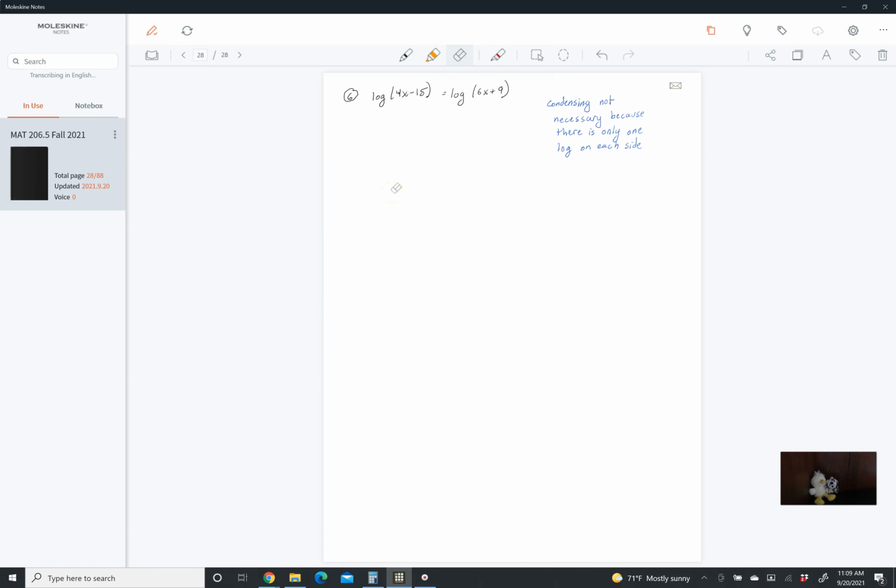So now this is just a linear equation. We set the arguments equal to each other because the bases are equal. 4x minus 15 equals 6x plus 9. If we solve this, we're going to subtract 4x from both sides and subtract 9 from both sides.